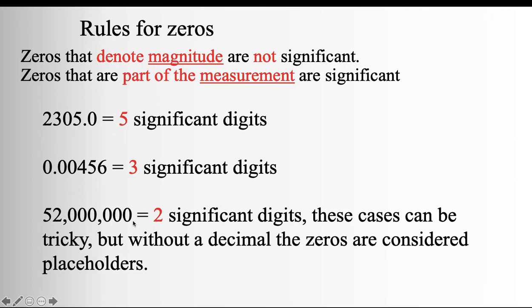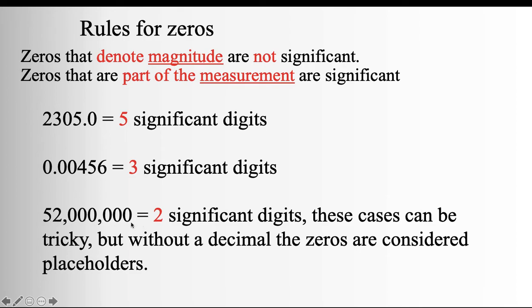Now, if I were to place a decimal point right here, that would make all of these zeros significant. So if you have a decimal place after the 0 or even before the 0, that means that those zeros become significant.